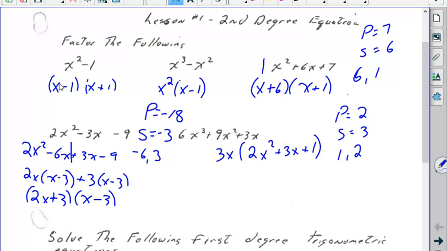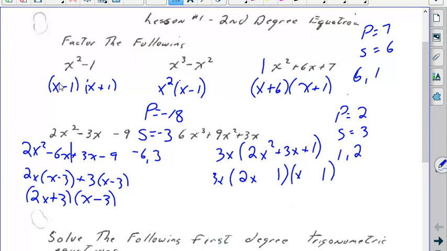I look here, I'm going to leave that 3x out. One factor is going to start with a 2x, and another factor is going to start with an x, because that's going to give me 2x squared. I know that these are going to be 1 and 1, because those are the only factors of 1.